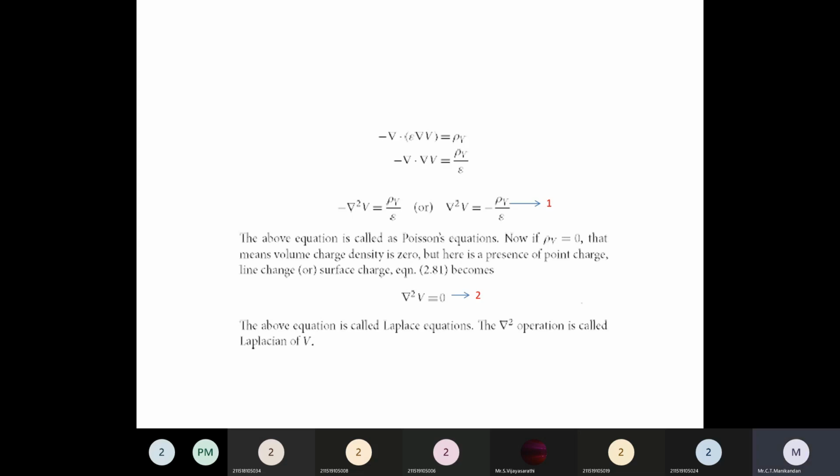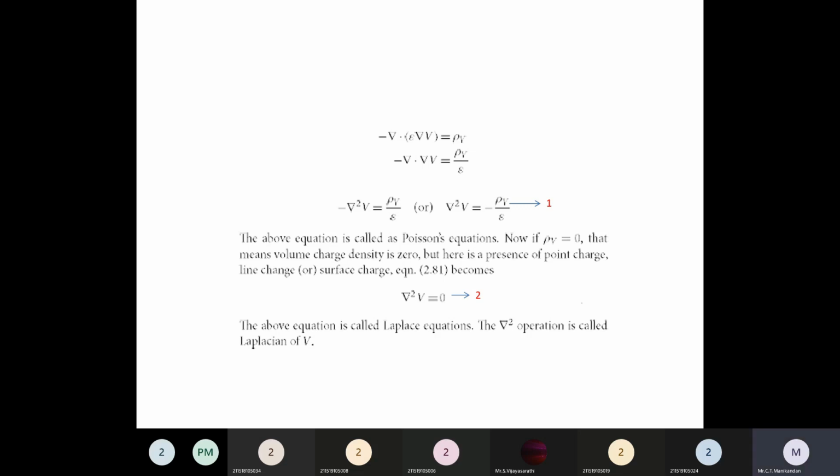If the volume charge density is 0, we obtain the Laplace equation. Substituting rho v equal to 0, del square V equal to 0.